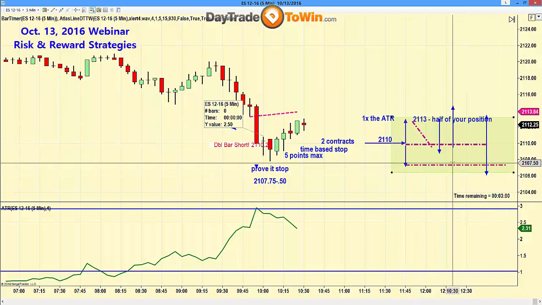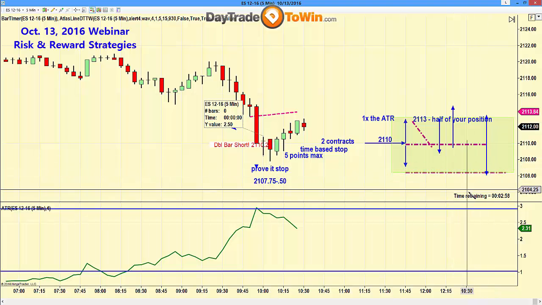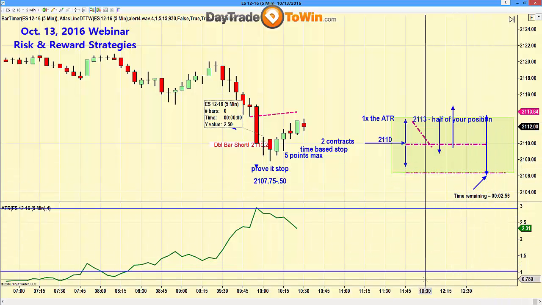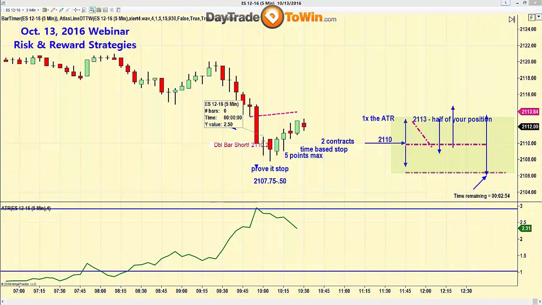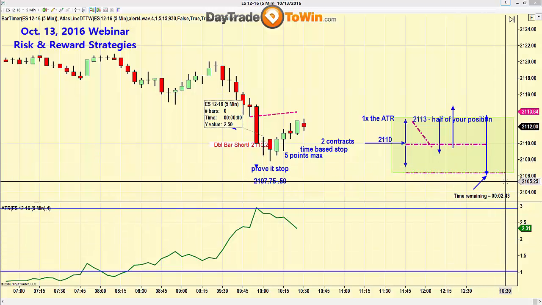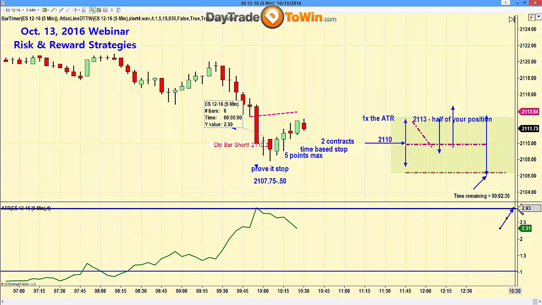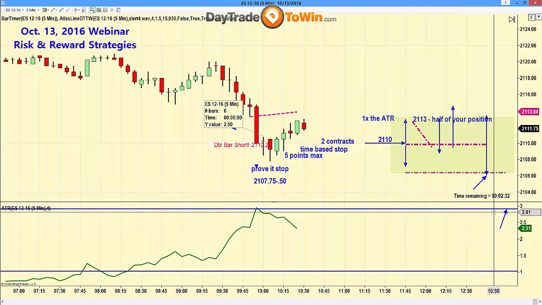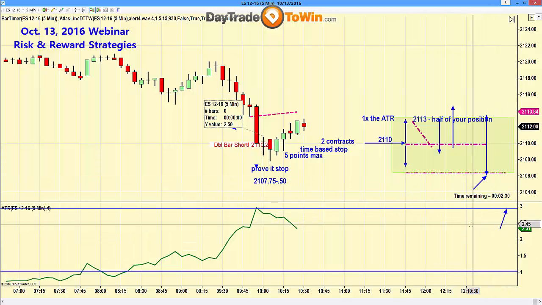If the market comes down and touches this stop, do you know what that outcome is? 0. You didn't make any money and you didn't lose any money, which is really much more important. So if you are deciding to have a stop that is tighter and closer and smaller than this, whatever this happens to be at the time that you enter, then you can expect it to flop around and potentially knock you out of the trade.